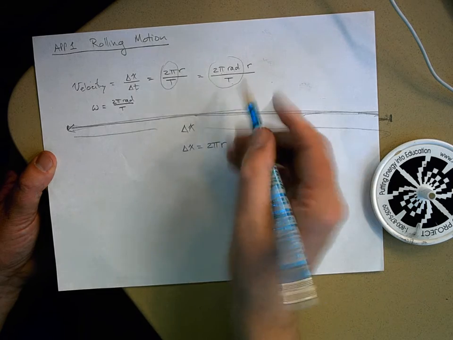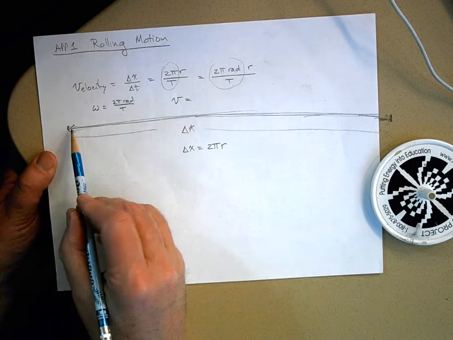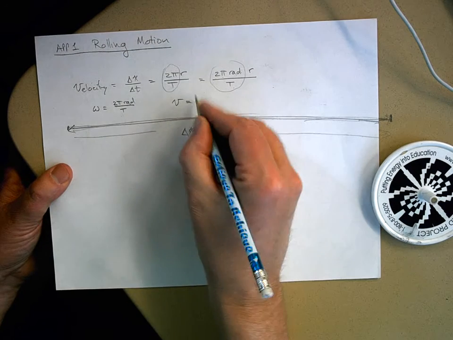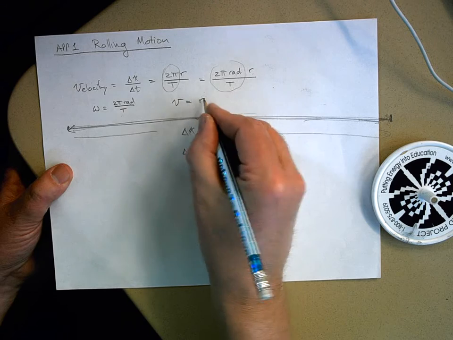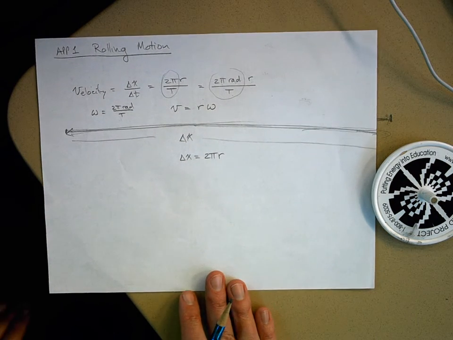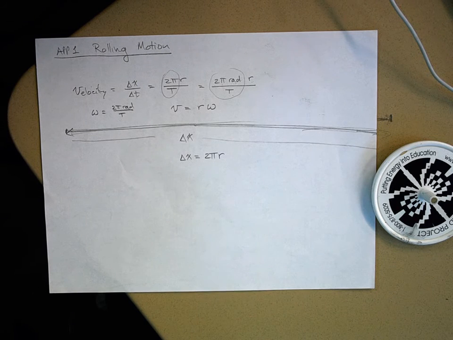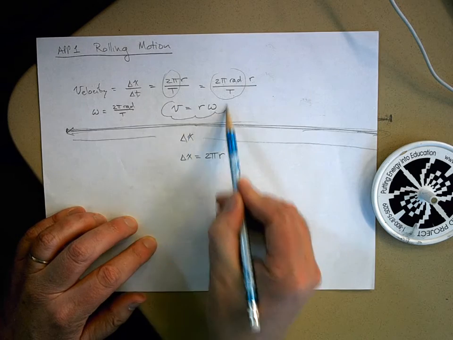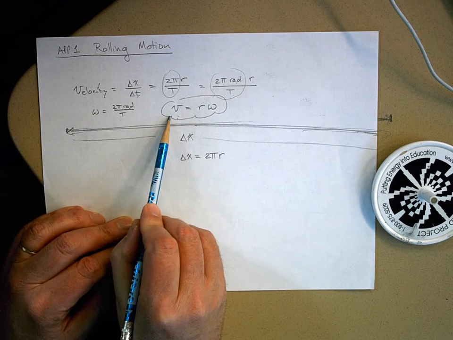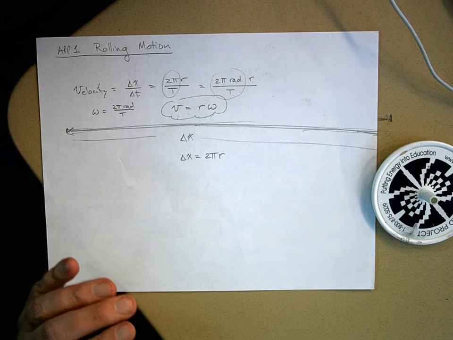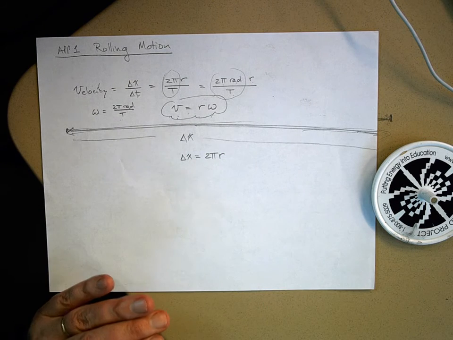So what I'm going to do is just substitute that and say, hey, my linear speed is equal to r times my angular velocity. In other words, when I have rolling motion, the translational speed, v, is just equal to the radius r times the angular velocity in radians per second.